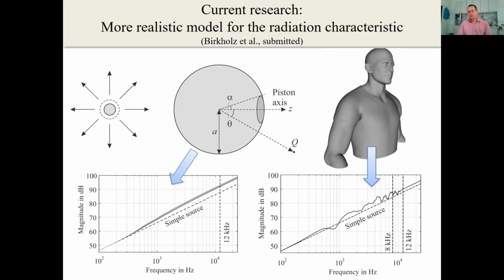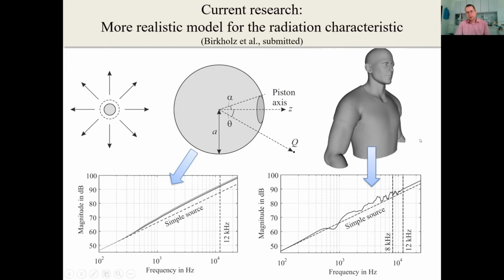The simple model here at the left side, this acoustic monopole, has a dashed line characteristic as a spectrum. The piston in the sphere has a characteristic that we see here as a solid line above the dashed line on the left side. So that means we have an emphasis of the high frequency components compared to the low frequency components. So it's a stronger rise than the 6 dB per octave characteristic.